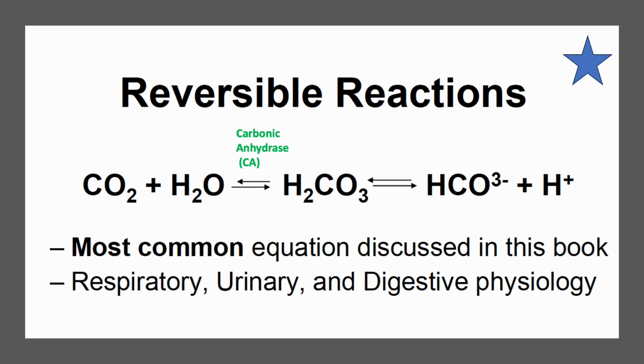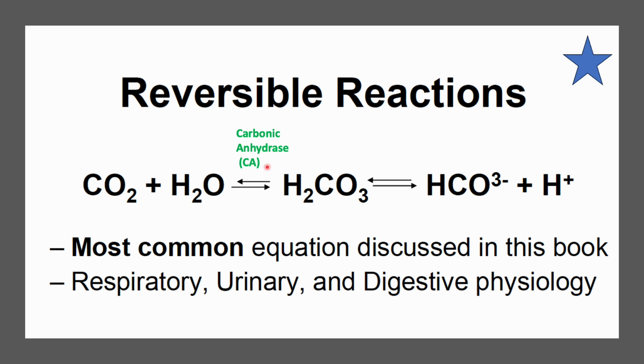We also have a reversible reaction. These reversible reactions are very important and very prevalent throughout the human body. Here we have a reversible reaction that by the end of Anatomy and Physiology 1 and 2, you will know by heart. We take CO2, carbon dioxide, and water. They give us carbonic acid, which will then give us bicarbonate and hydrogen ion. This is a reversible reaction because it can go in either direction.